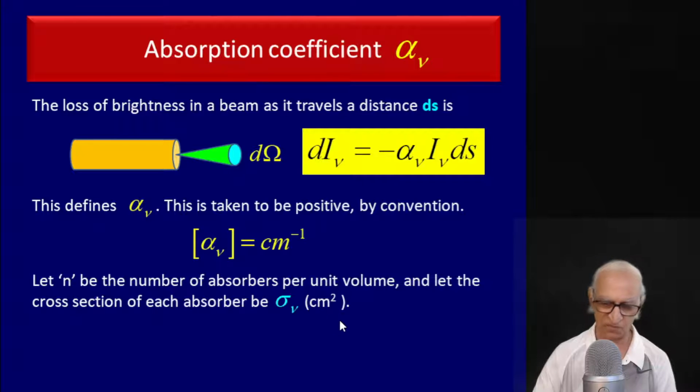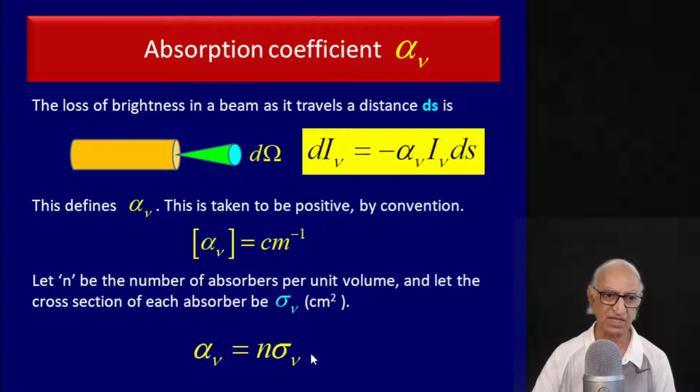For us, what is important right now is to appreciate that this absorption coefficient is clearly related to absorbers, each absorber subtending a cross-section sigma nu, multiplied by n, where n is the number of absorbers per unit volume.